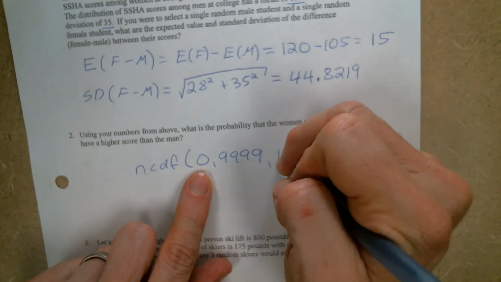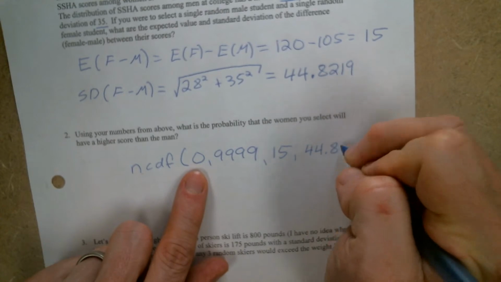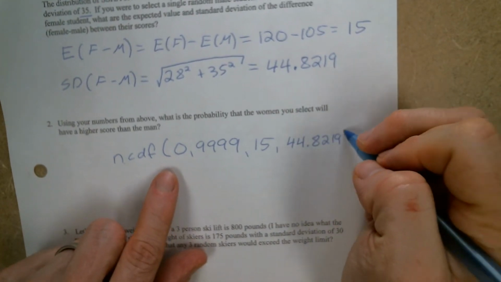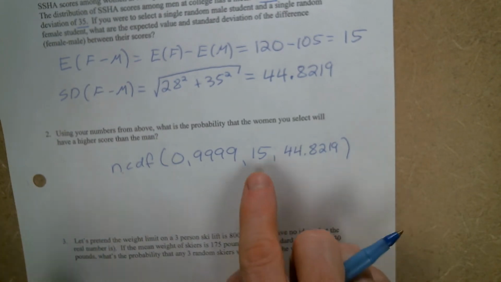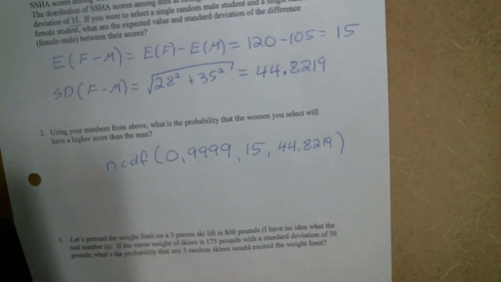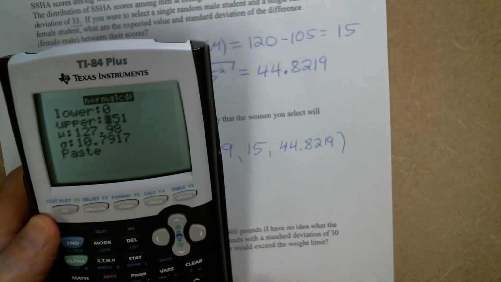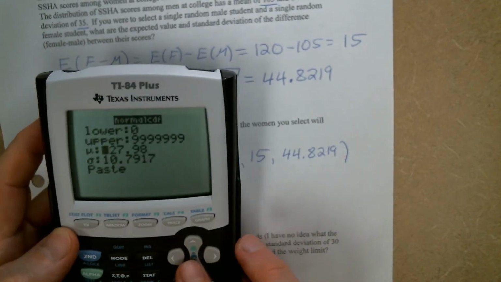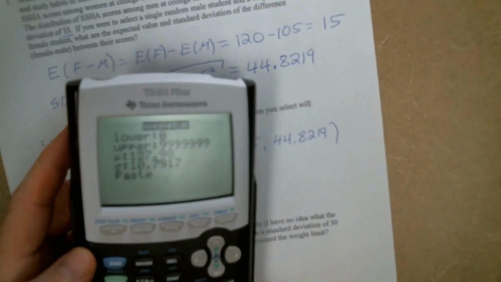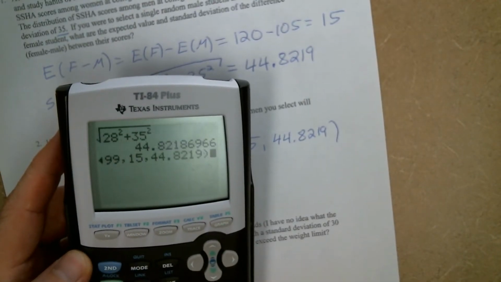All right, when the mean is 15 and the standard deviation is 44.8219. If the mean is 15 and we're saying 0 and above, we automatically know this is going to be higher than 50% because 15 and above would be 50%. So if we're starting at 0, we should get something above 50%.